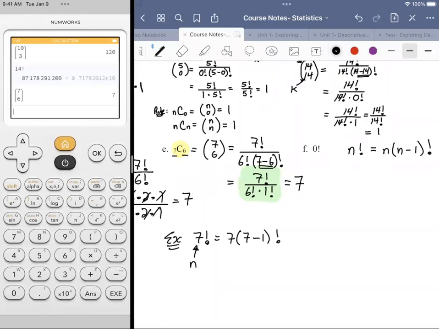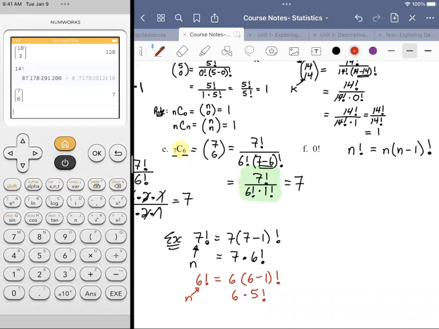All right, which is the same as saying 7 times 6 factorial. Which doesn't seem to serve much of a purpose, because then I would have to look at 6 factorial, which would be my new n, which would be 6 times 6 minus 1 factorial, which would be 6 times 5 factorial.